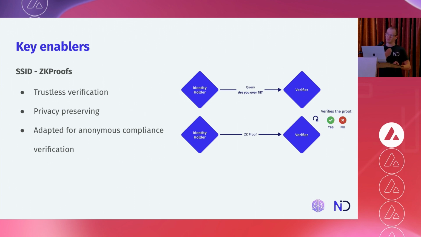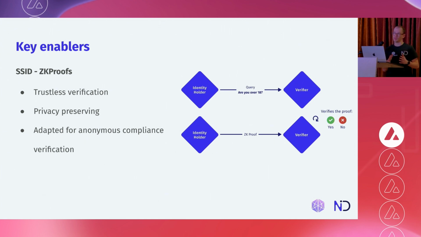When a verifier asks him for his age, instead of giving his exact age, he will give the zero knowledge proof that proves that he's older than 18 without needing to reveal his exact age. So right now we have self-sovereign identities that are adapted for anonymous compliance verification off-chain.